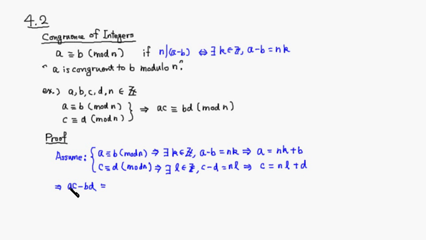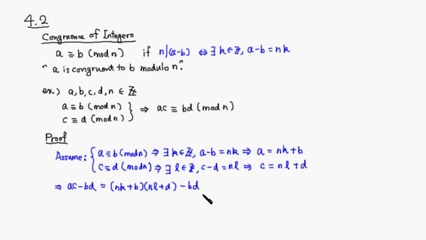I'm going to substitute nk plus B for A and nL plus D for C and see what we get. A is nk plus B, and C is nL plus D, then you subtract BD.